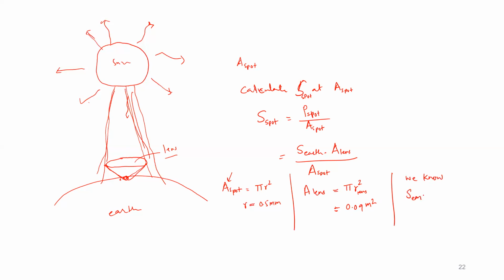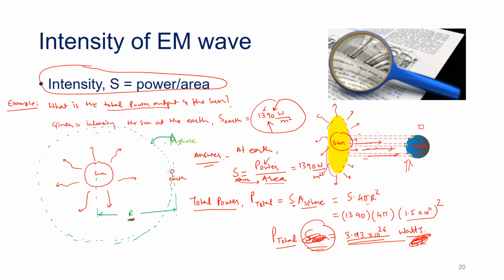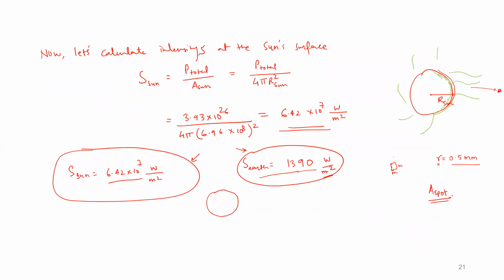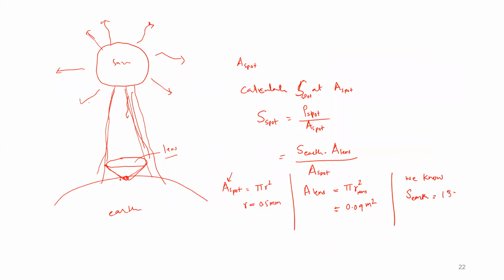And we know that the intensity of the sun reaching the Earth is a fixed number. Can you remember what the number is? The number is 1319, or about 1390, watt per meter squared.